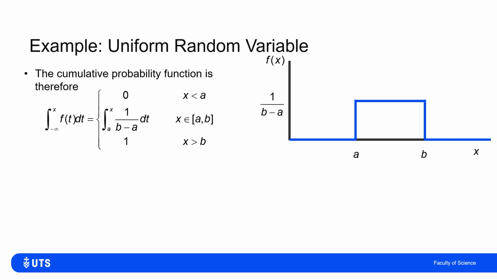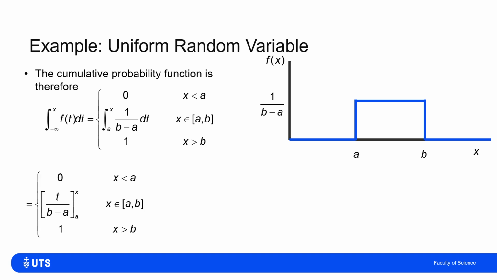In between a and b, I've got to work out how much of that rectangular slab of probability density I've passed so far. So if I pick a point x in there, I need to integrate between a and x.